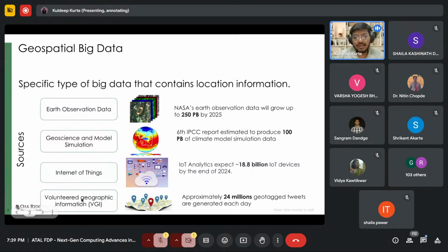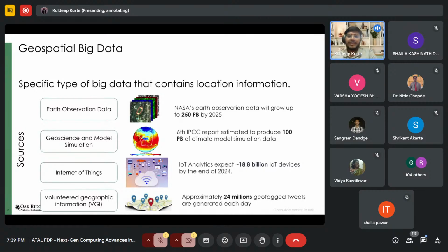And then there is a fourth category of data, which we might be more familiar with, called volunteered geographic information. One quick example is what was earlier known as Twitter, now the X platform. When you post a tweet, or a Facebook post or something like that on social media, you have an opportunity to tag your location also.